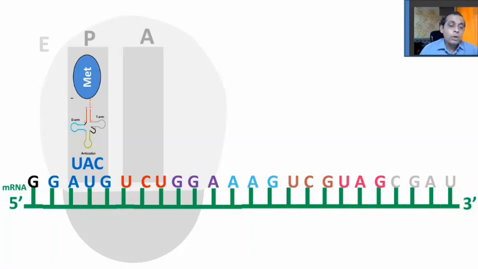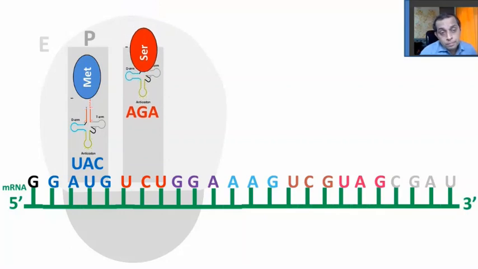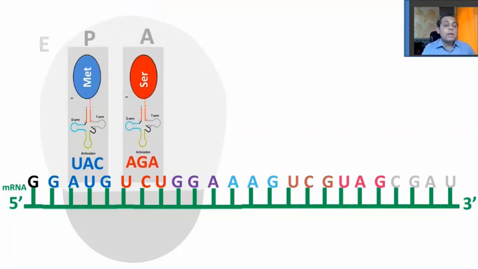The second codon is UCU. A specific tRNA is supposed to carry a specific amino acid as per the genetic code with a specific anticodon. As you can see, for the UCU codon the anticodon is AGA and it has serine attached to it.